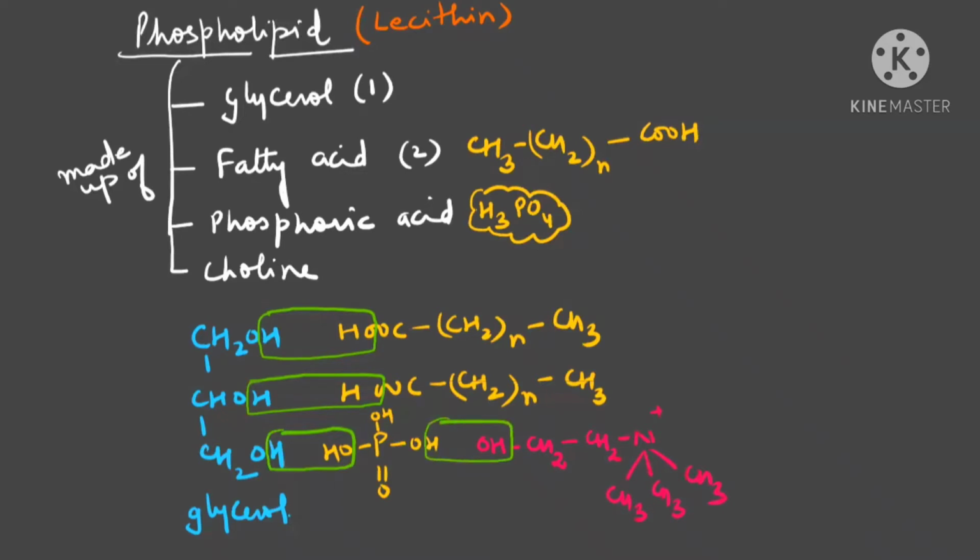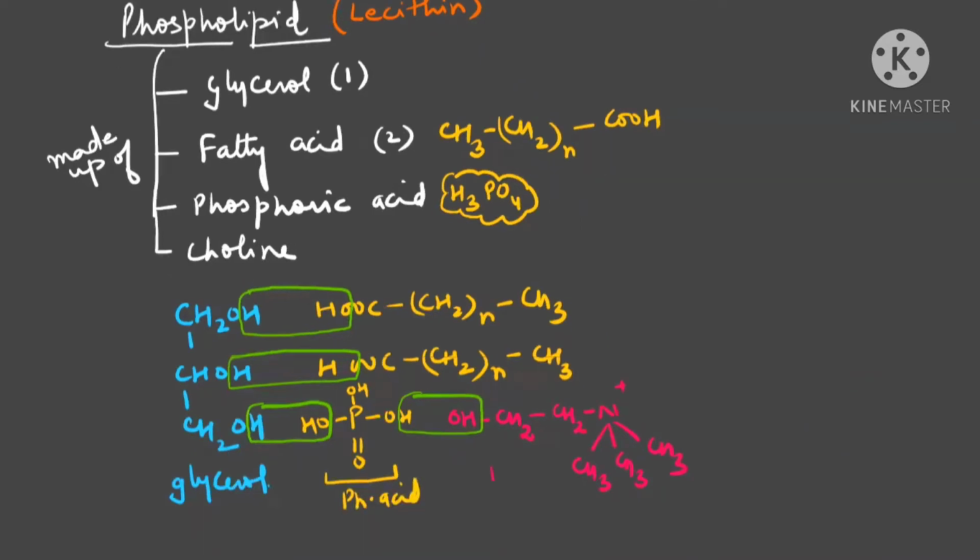Up till here you are understanding it. I'll just do the labeling, try to understand. This was your phosphoric acid. This one is your choline. Clear, beta? This is glycerol, and these two are your fatty acids.